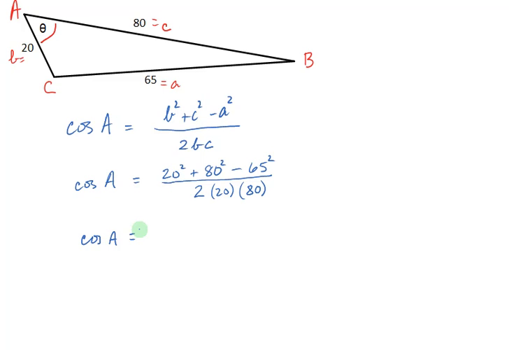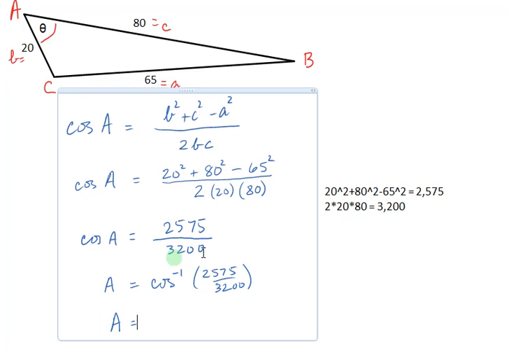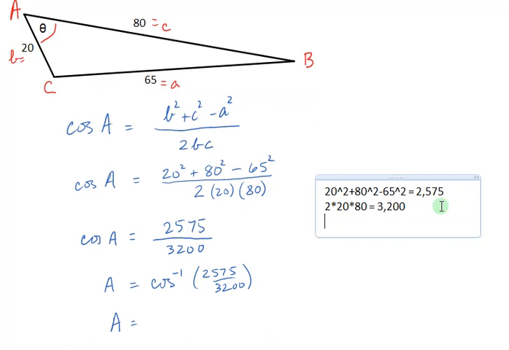And I'll just do that in OneNote. So I've done this in OneNote, and I end up getting the fraction 2,575 over 3,200. And that means that angle A will be the inverse cosine of that fraction, which I can again get pretty easily from OneNote.